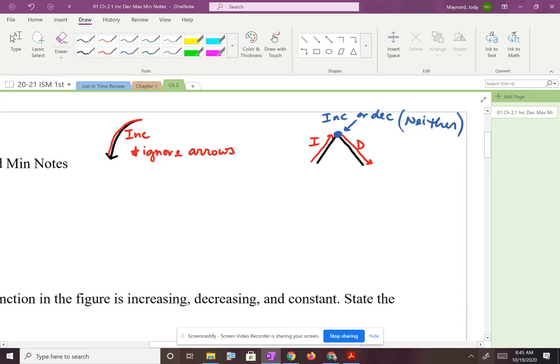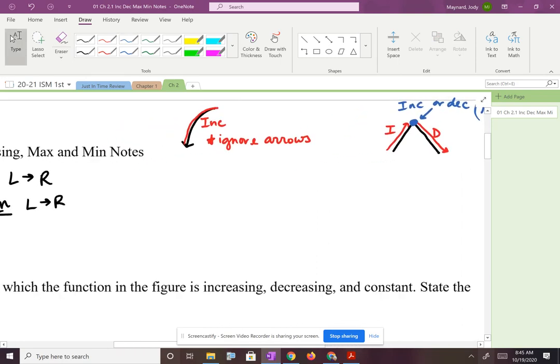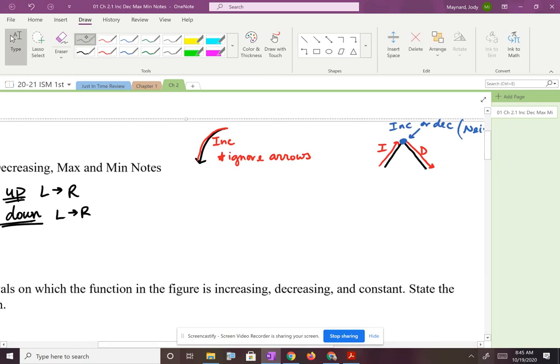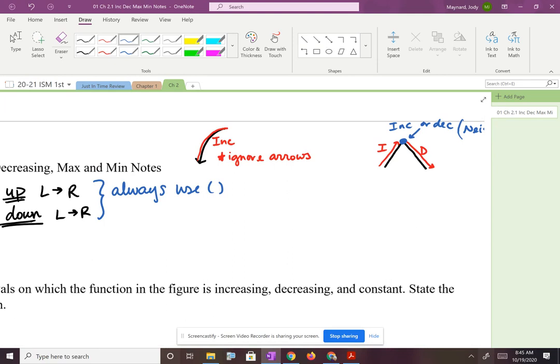So here, just as a reminder, we're going to use interval notation, and we will always use parentheses, right? Because it's a change point. That's why we're always using parentheses. And then we will always use the X values.